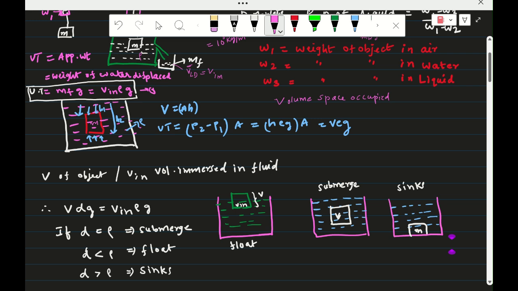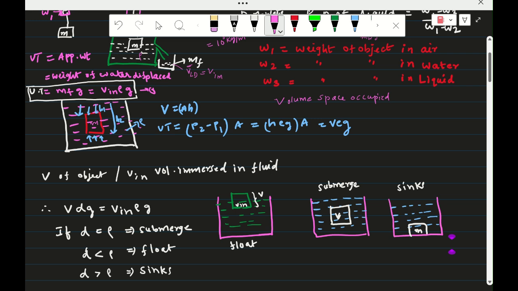Then he came to understand that the mass of water displaced is equal to the weight of the body. So the volume of the body into density of the body is equal to the volume of the body into density of the liquid into g. It means the weight of the body is equal to the weight of the water displaced.